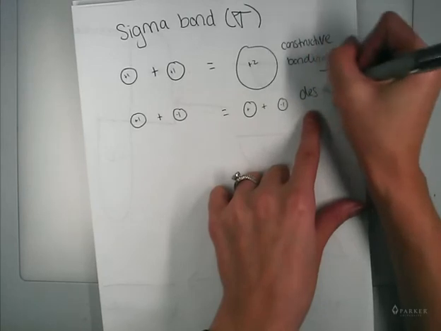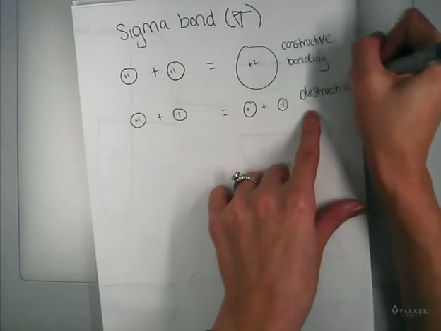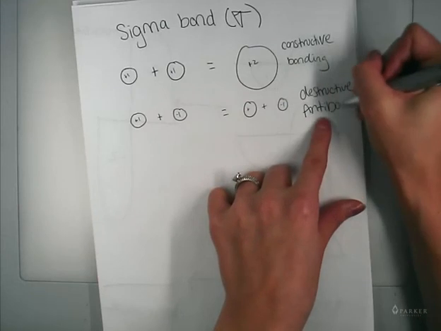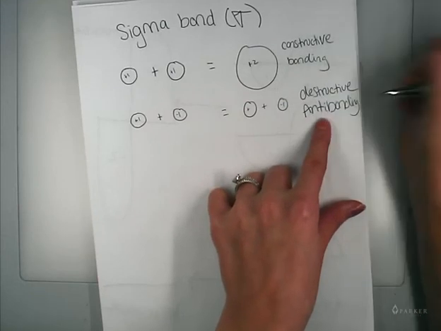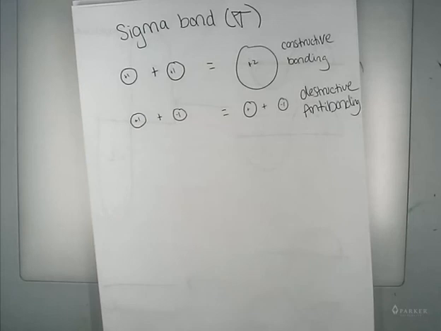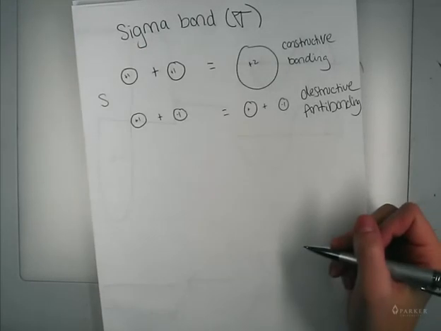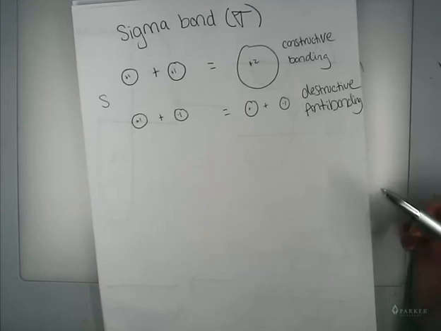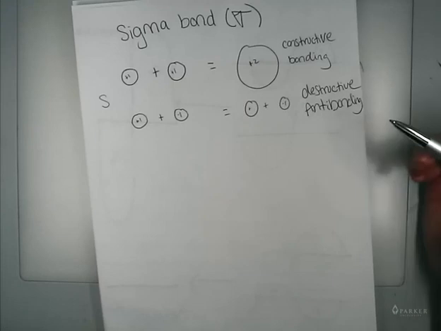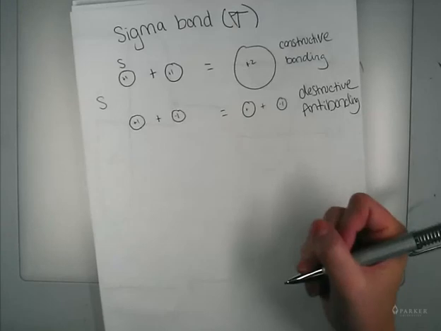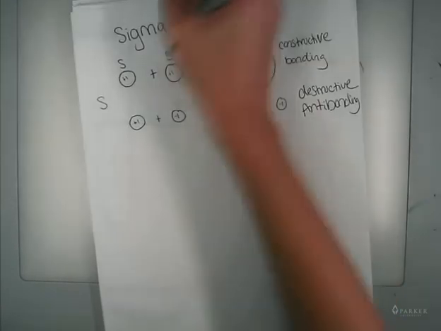So this is your destructive, and we call this anti-bonding, which means it doesn't bond. It doesn't do anything. So that's one type of sigma bond, is you overlap an s orbital on top of another s orbital.